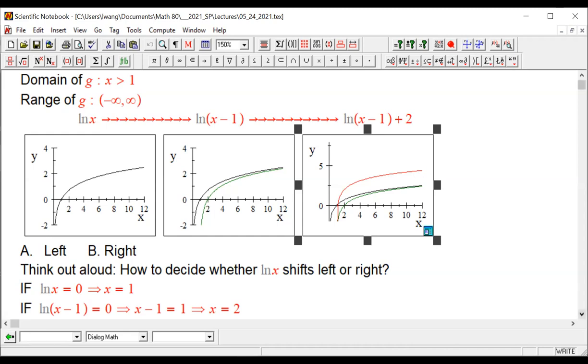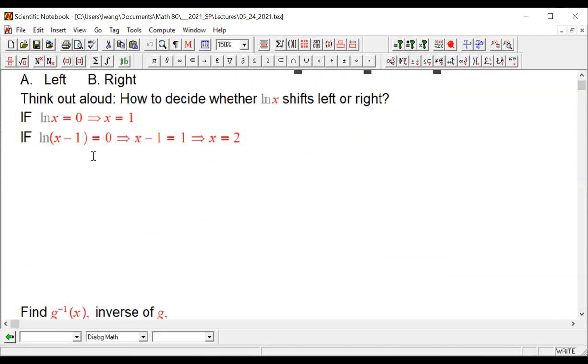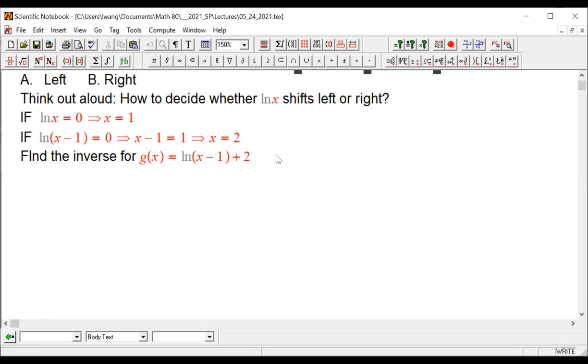And next, let's find the inverse. Have you found the inverse yet? Find the inverse. This was our G. We're going to find the inverse for G. And the steps, right?